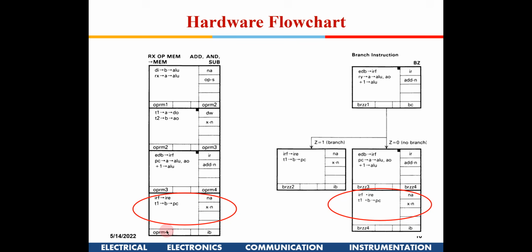If required, we can name this block OPRM4, and because it is the same block, when we make the hardware, in the control store this will not get stored separately, because the actions are exactly the same. In those cases, the identifications of these blocks can remain the same. So just keep that in mind.